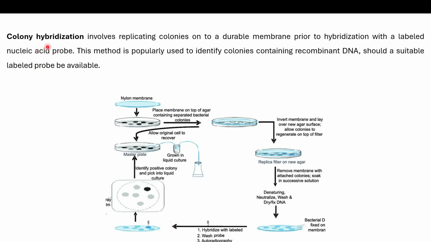Now, another way to screen and isolate the cells of interest having your recombinant DNA is colony hybridization. What happens is you replicate colonies on a durable membrane, which is usually a nylon membrane, prior to hybridization with a labeled nucleic acid probe.